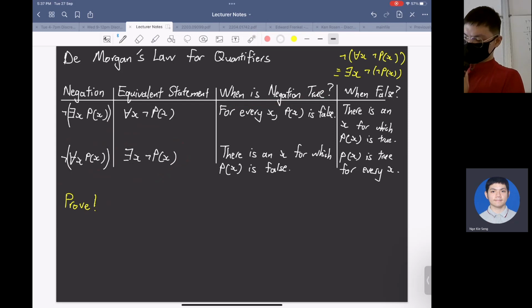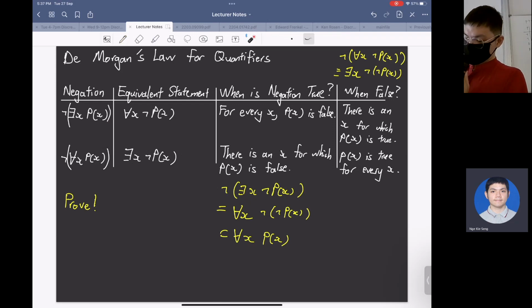Let me write it down for the sake of explaining. Not exists becomes for every not x, and then again for every x. So you negate the negation, so P(x) is true for every x.